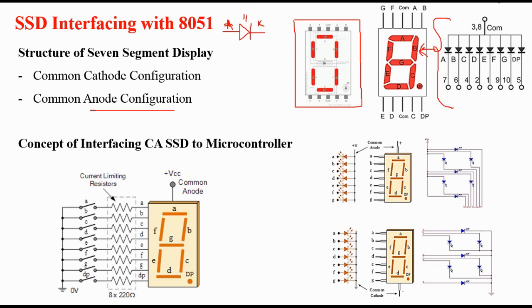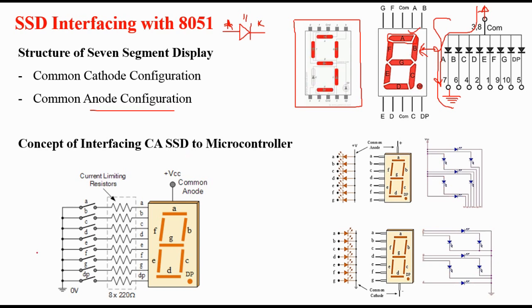If we connect the anode terminal to VCC, let's say 5 volt, and another terminal to ground like this, then the current will start flowing from this arm, and in this way this segment will become on. In this way we can show different numbers onto it.